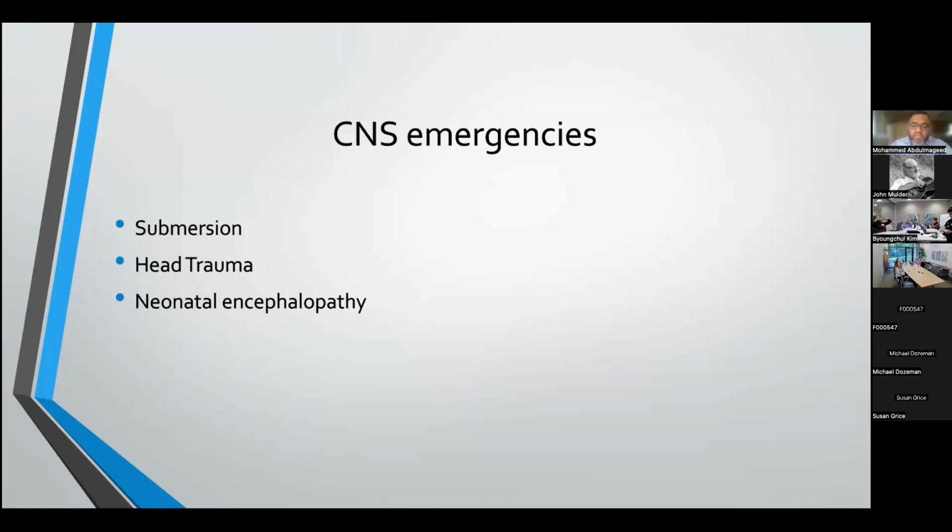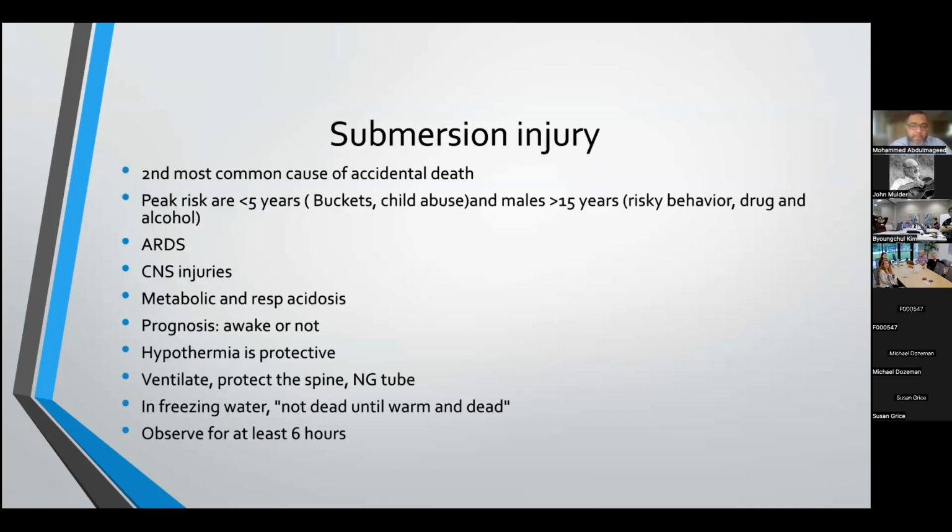So what are the CNS emergencies I'm going to quickly talk about? Number one is submersion or drowning, head trauma, and neonatal encephalopathy. So submersion injury is the second most common cause of accidental death.